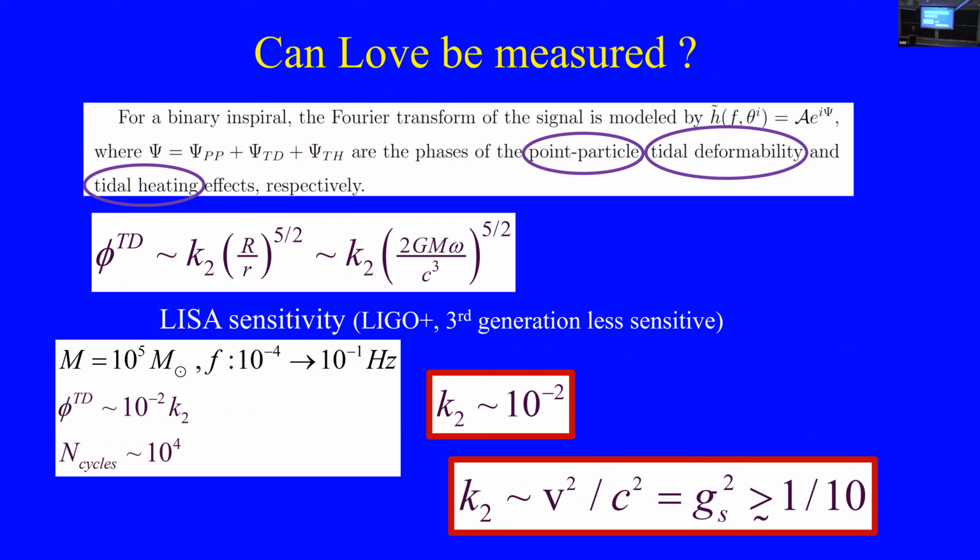And that's why it's unlikely that LIGO or a terrestrial, even improved terrestrial experiment, can measure it, because they don't follow the merger for enough time. So I'm thinking about LISA-type sensitivity, and the parameters that I'm using are these, and you see this is something like 10,000 cycles that they can follow.